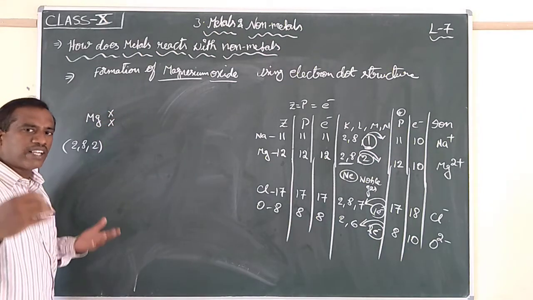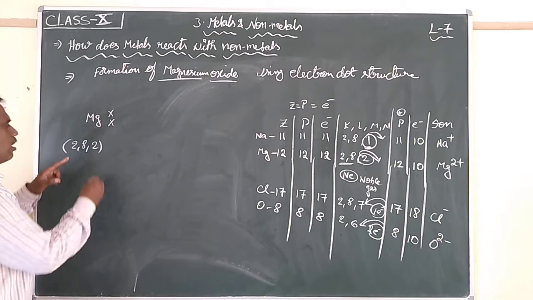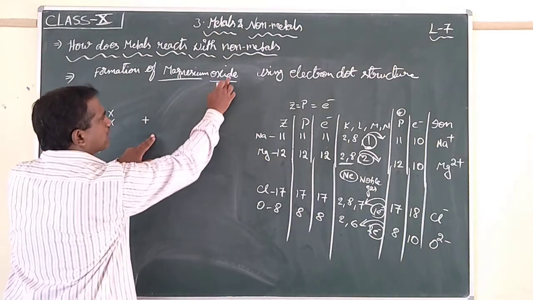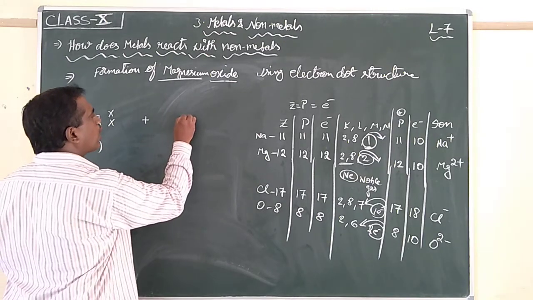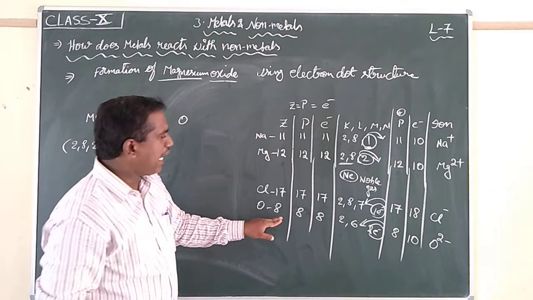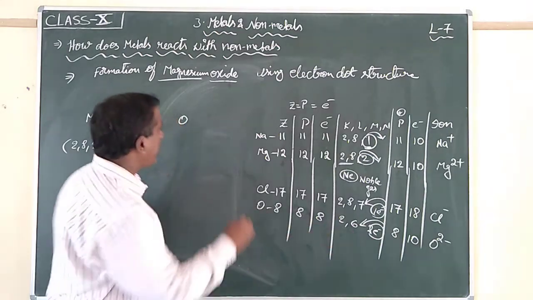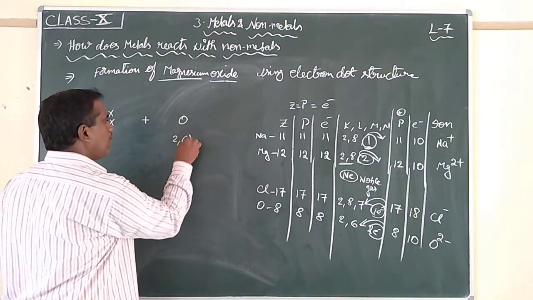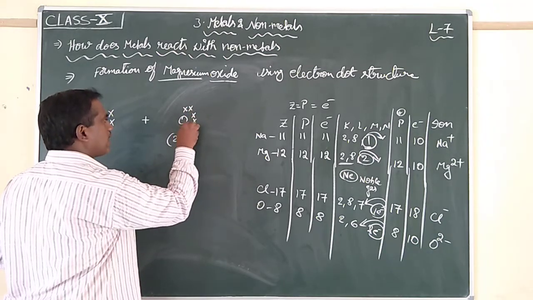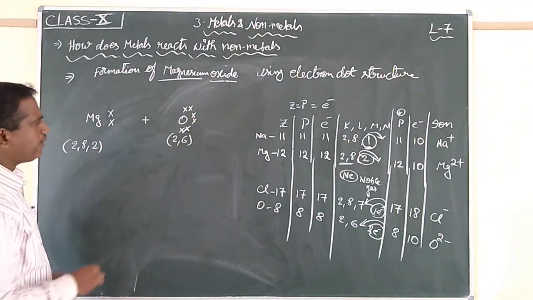You can write it in the form of X or dots. Now, what is the other element we are using? Oxide, so we need to choose oxygen. What is the atomic number of oxygen? 8. Electronic configuration is 2, 6, so 6 electrons are surrounding the oxygen.